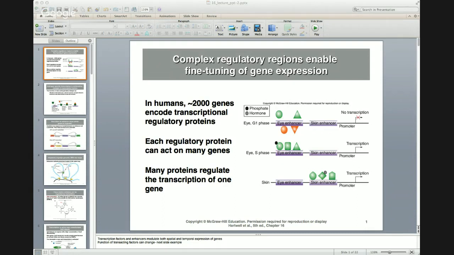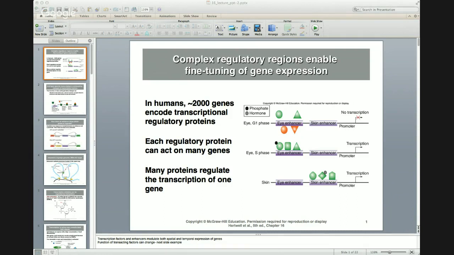We have basal transcription factors, which allow for basal level gene expression or low level gene expression. You then have activators, which increase gene expression above the basal limit, and then you have repressors, which would lower gene expression. Repressors can function in different ways to modulate gene expression.